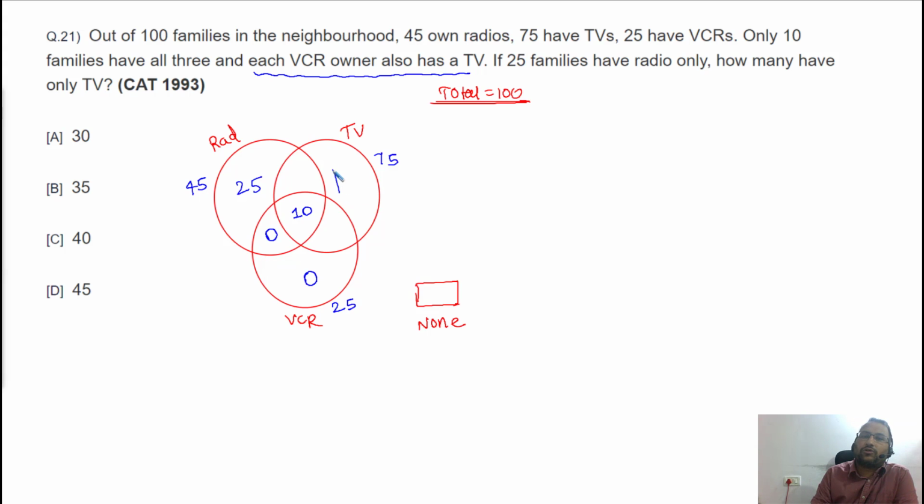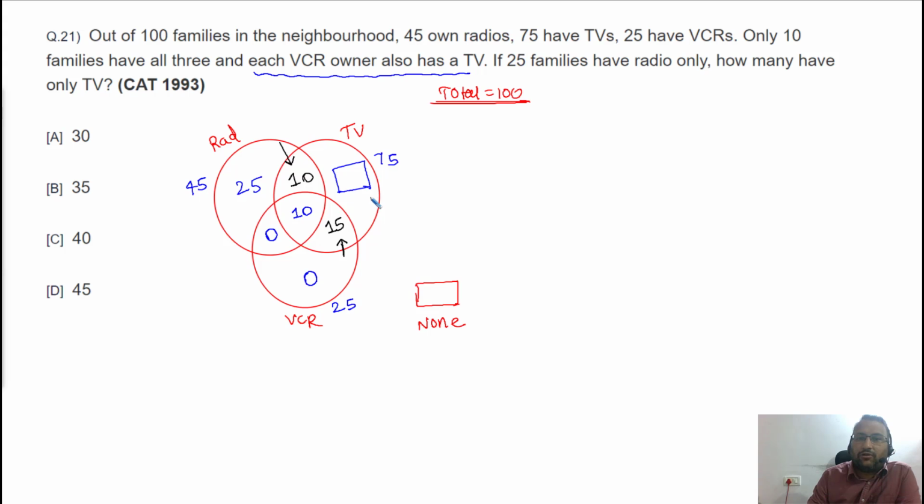This portion we need to find the value of. So let's have a look at it. The value of this region we can easily find: 25 minus 10 is equal to 15. Then the value of this portion we can easily find: 45 minus 35, that is equal to 10.